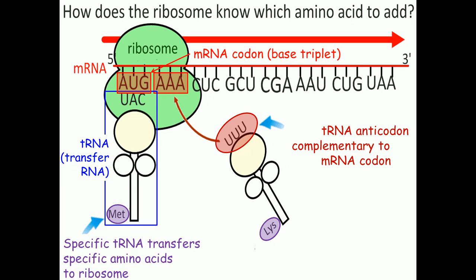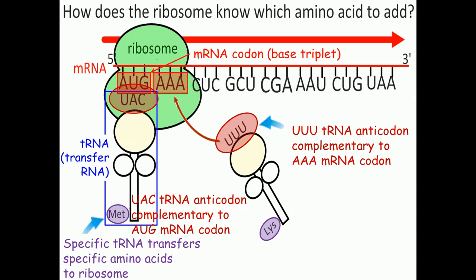So we can see here that the UUU tRNA anticodon is complementary to the AAA mRNA codon. And this is why this specific tRNA is transferring the LYS-specific amino acid to the ribosome instead of a different tRNA molecule, which could transfer a different amino acid.